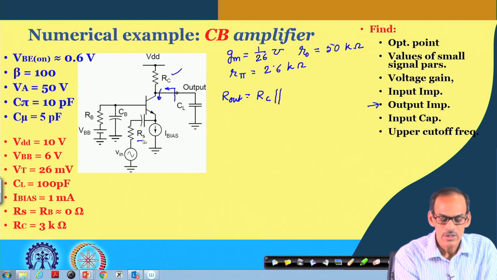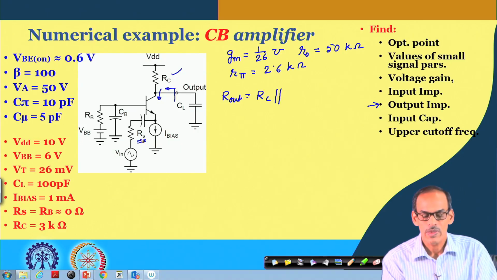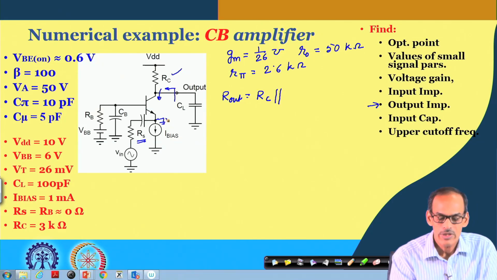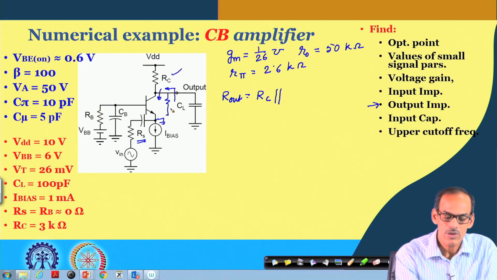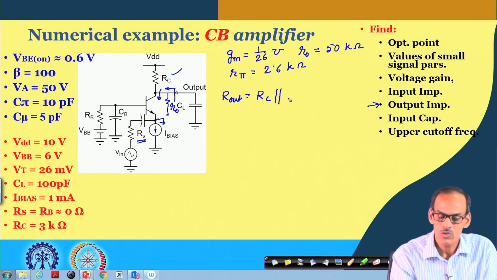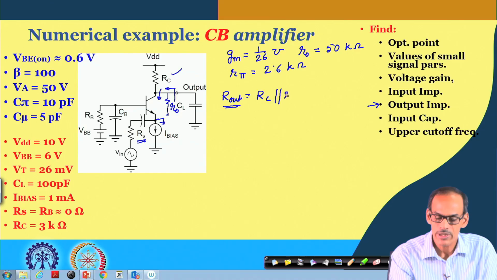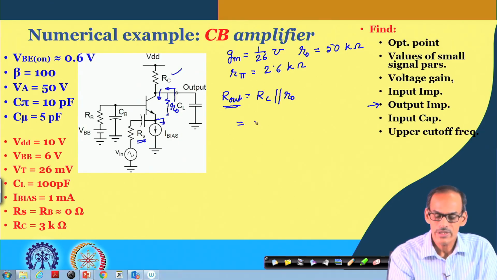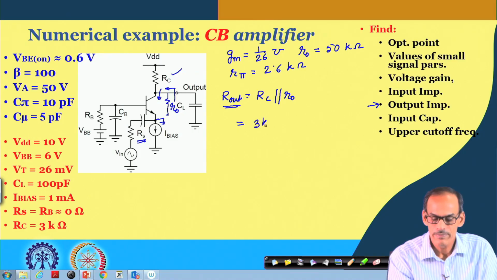Now, if I consider R S equals 0, as we have discussed earlier, this emitter node is getting grounded, and the impedance we will be seeing here is only R O. So, the net output resistance is R C in parallel with R O. Now, R C is 3 K, and R O is 50 kilo ohms.